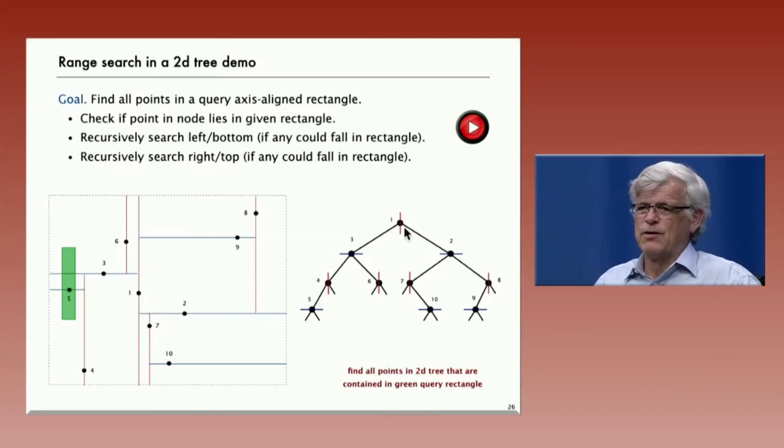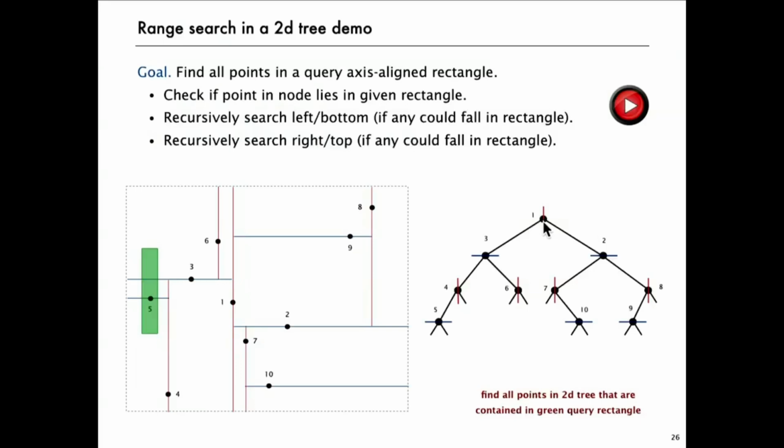If the root node lies in the rectangle, then we can return that point, but we have to look on both sides to look for more. But if the rectangle lies to the left of the root node, then we only have to look in the left, and so forth. So let's look at how this works in a demo.